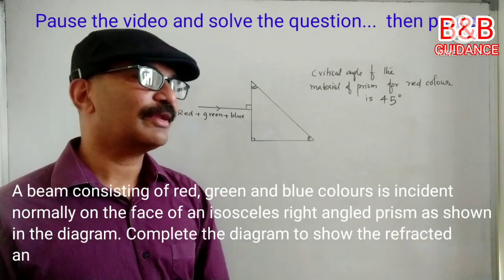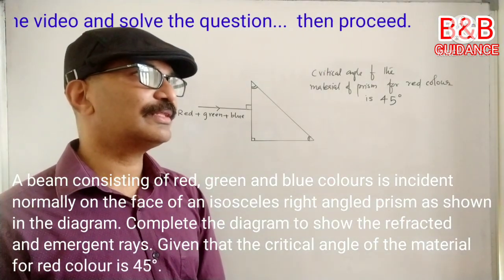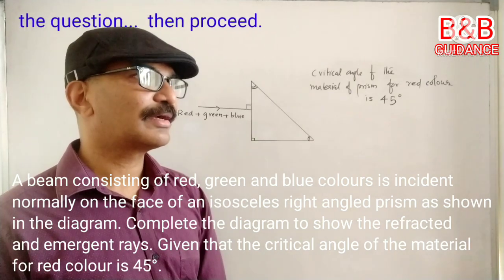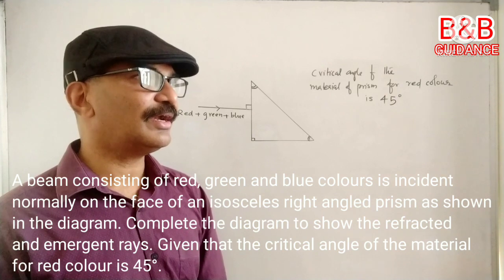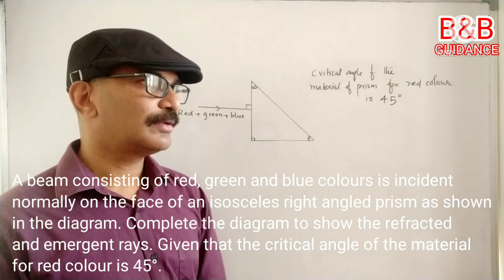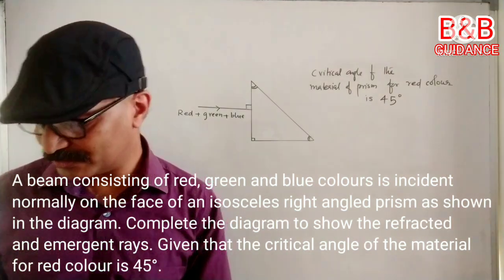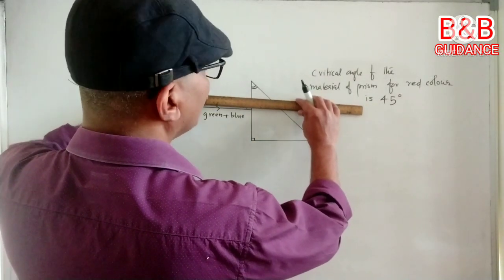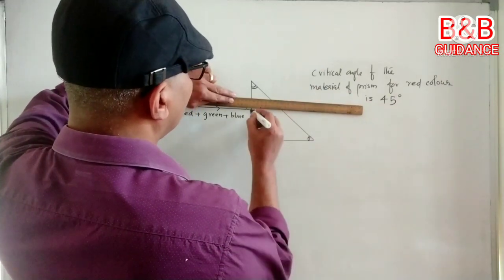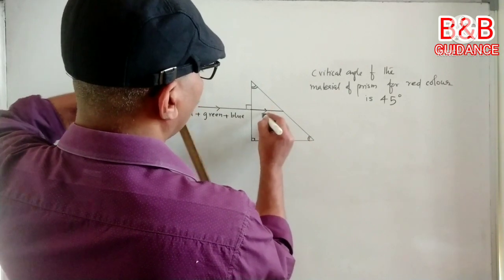I hope you got the answer of the first question. When wavelength of light increases, critical angle increases. Okay, that is the knowledge. So what he said is correct only. I have given critical angle for red light as 45 degrees, so it will be here, and it grazes the surface.